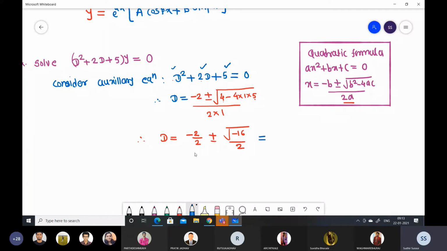So for the first term, minus 1 plus minus square root of 16 times i, or you can call it iota, because we have a negative root, divided by 2. The root of 16 is 4, and therefore it is minus 1 plus minus 4 divided by 2 i, and so it is minus 1 plus minus 2 times i.